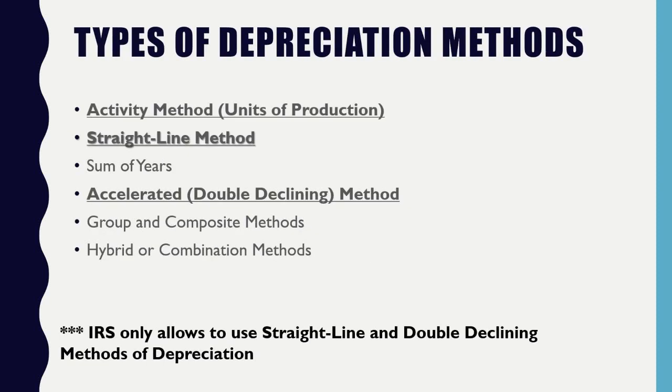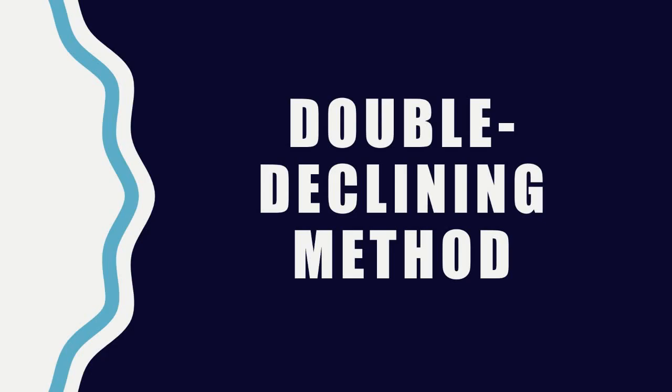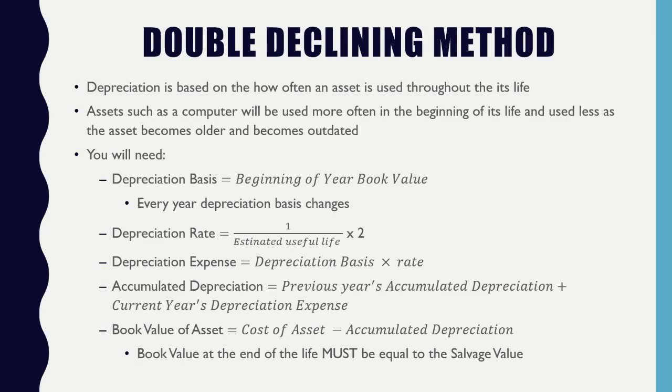Okay? So once again, what are the different types of depreciation methods? Again, we're going to be focusing on the accelerated, also known as the double declining. How do we understand what double declining is, and how do we make it relatable to why we should depreciate our assets this way? Okay.